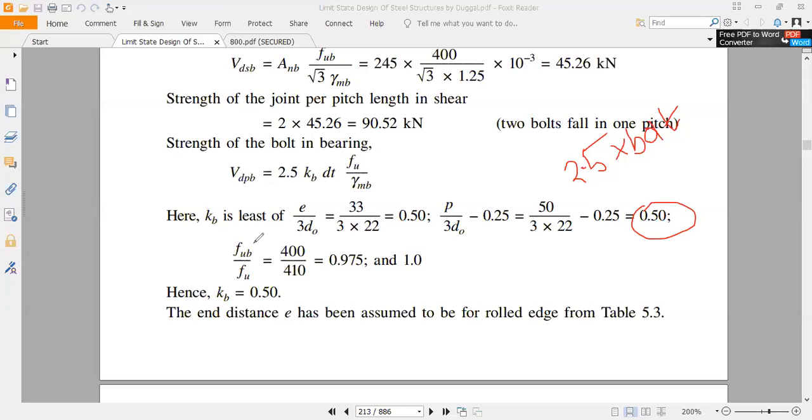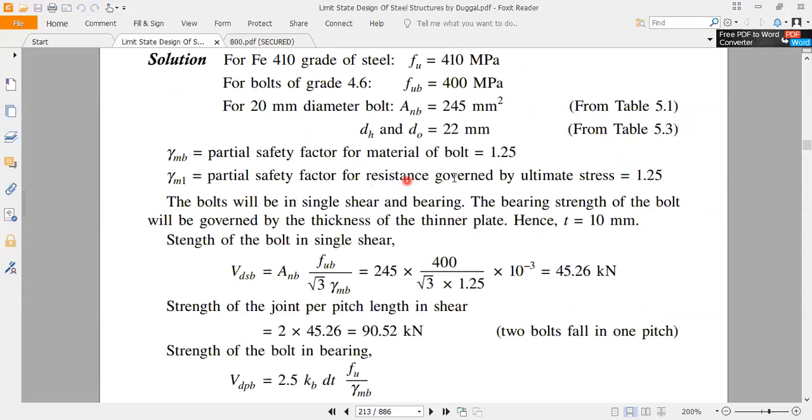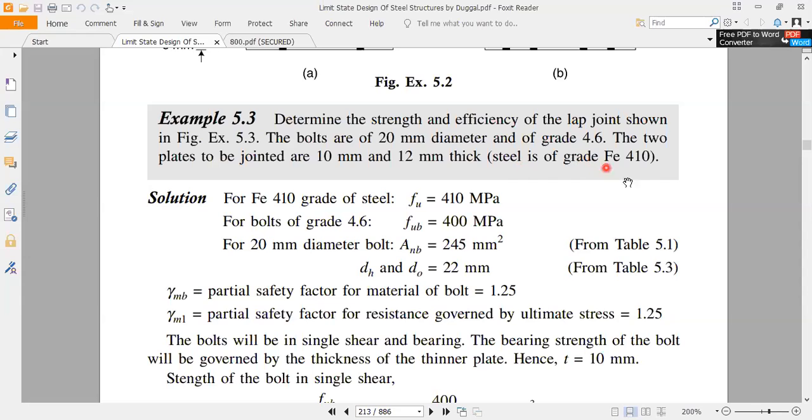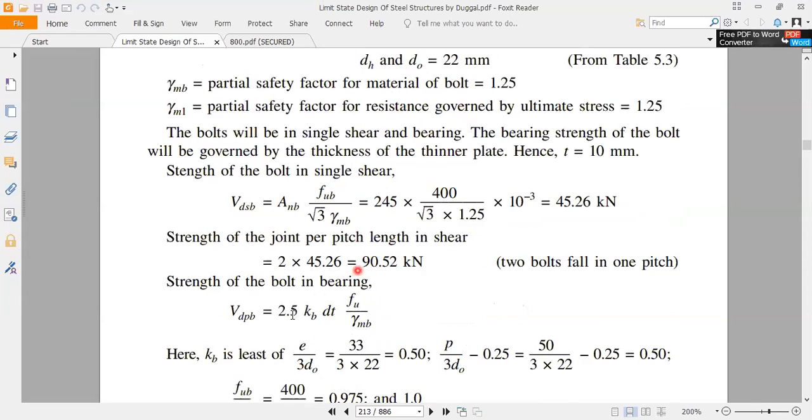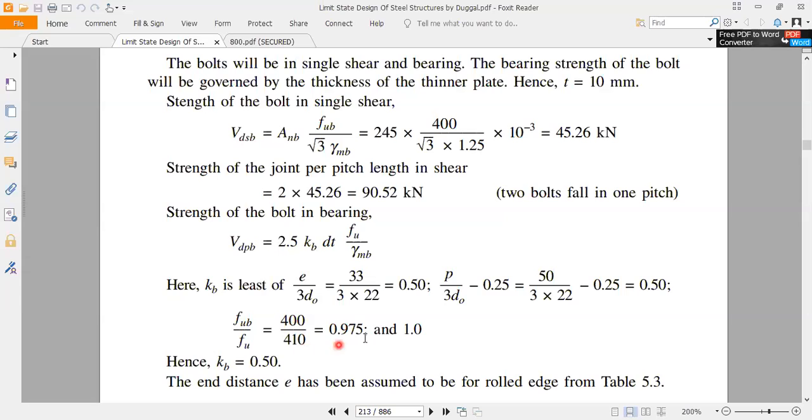And then fub by fu. fub is for the bolt, fu is for the plate. The plate's value is given in the question: steel is of grade 410. So 400 by 410, 0.975, and 1. Which one is lesser? The lesser one is 0.5.